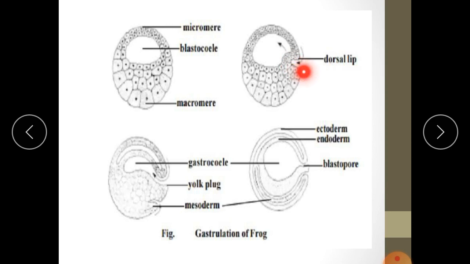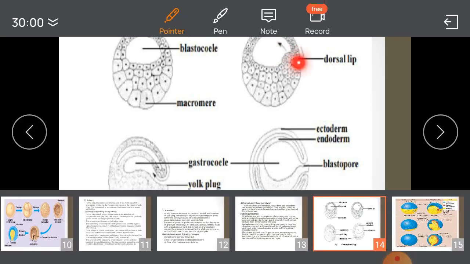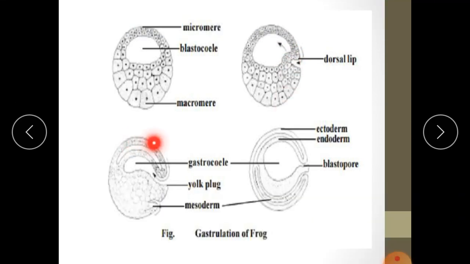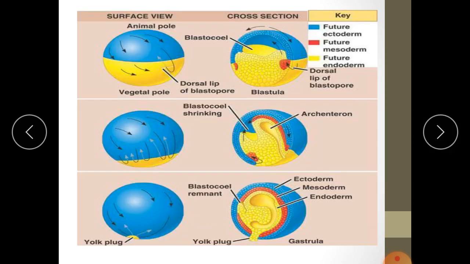Now what happens, gradually these cells, micromeres, start to move inside. As a result, the size of this cavity is increasing. Look here. Cells are moving like this, and they are arranging themselves just below the outer layer.